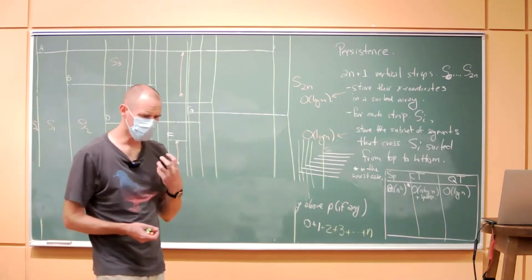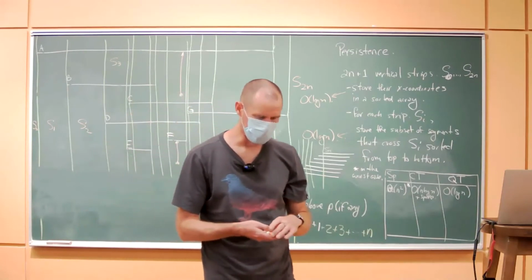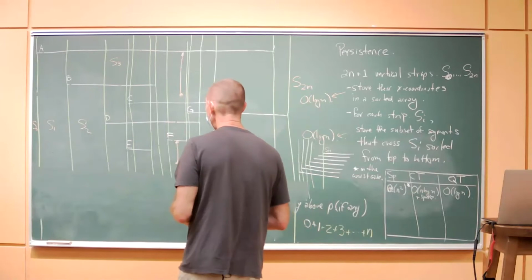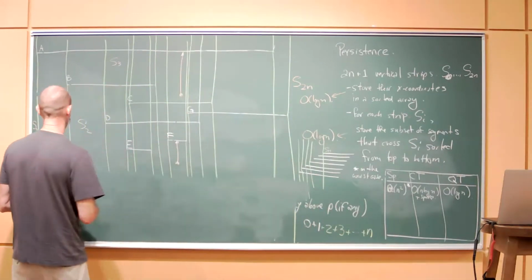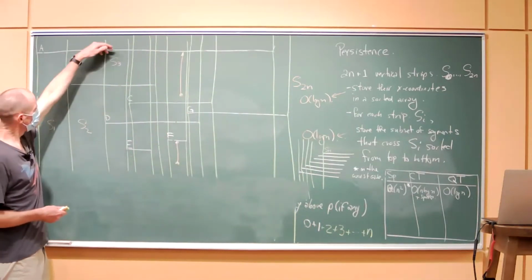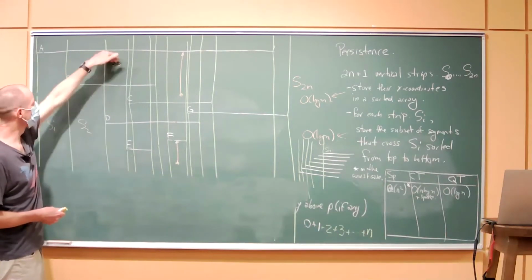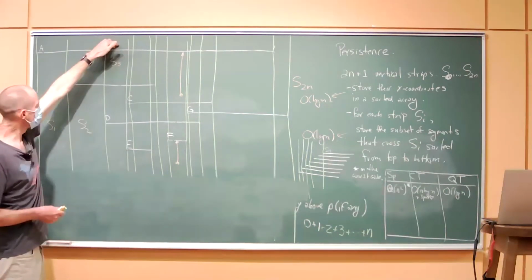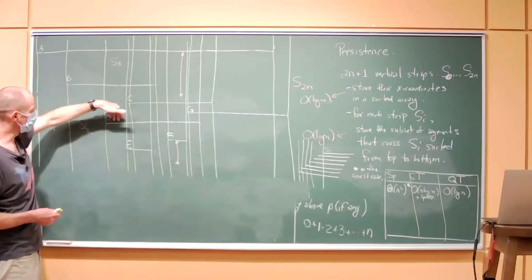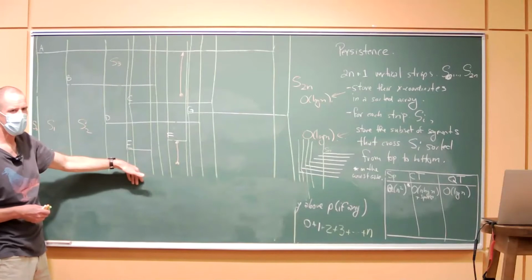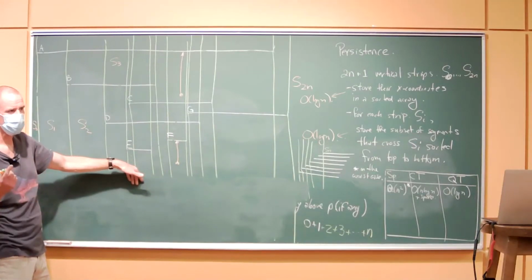And there's something a little bit silly about the way we're doing it here. Once you've got your sorted array or sorted list or binary search tree that contains the elements that intersect Si, when you move to Si plus 1, all that happens is either one thing leaves or one thing enters.